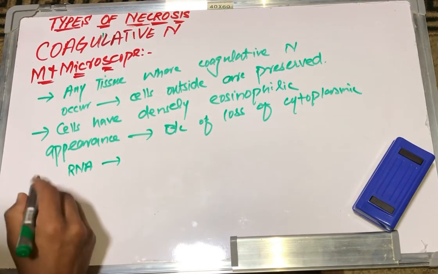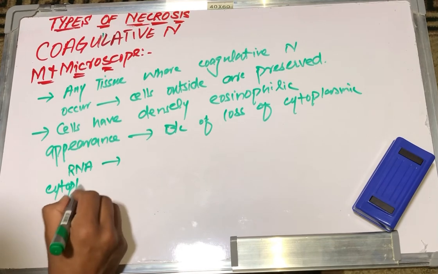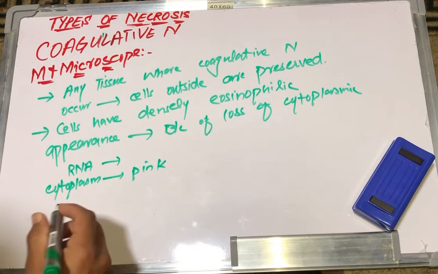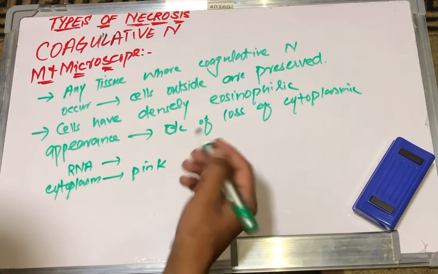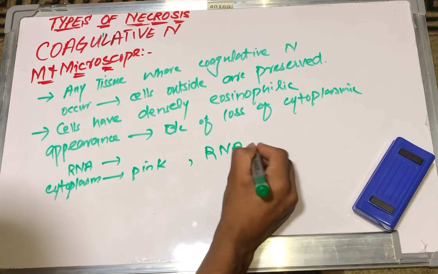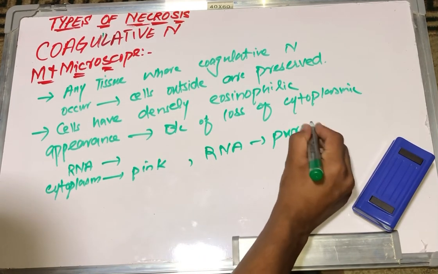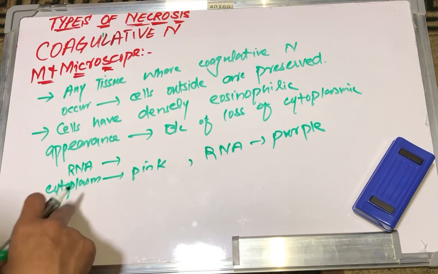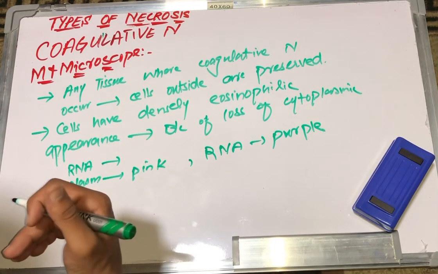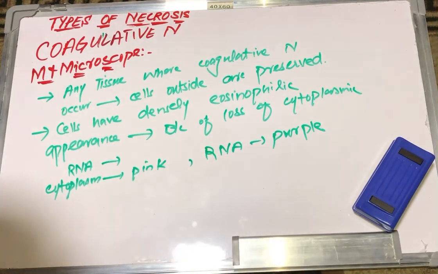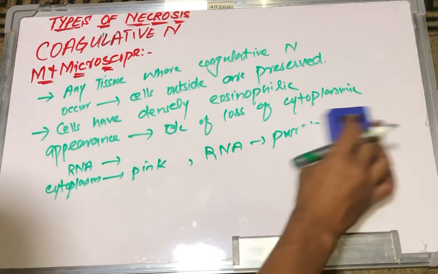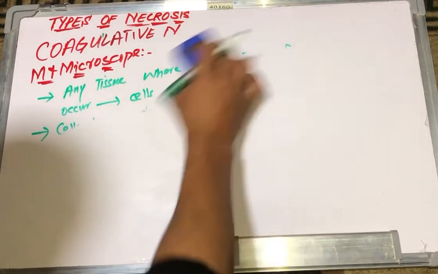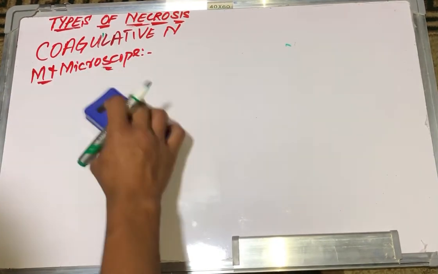As we all know, cytoplasm looks pink, and RNA is normally purple. So when RNA is removed, only the cytoplasm remains, and cytoplasm is pink, which we also call eosinophilic. That's why where RNA is lost from the cell, the cells appear densely eosinophilic.